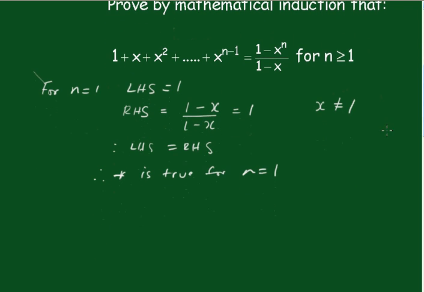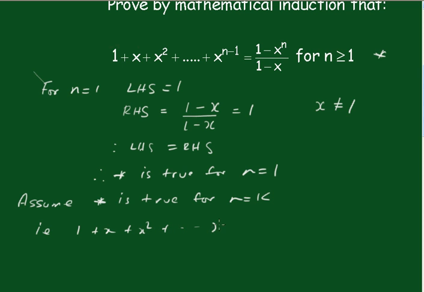Now, assume the statement here, I'll asterisk this, is true for n equals k. That is 1 plus x plus x squared plus up to x to the k minus 1 equals 1 minus x to the k over 1 minus x.